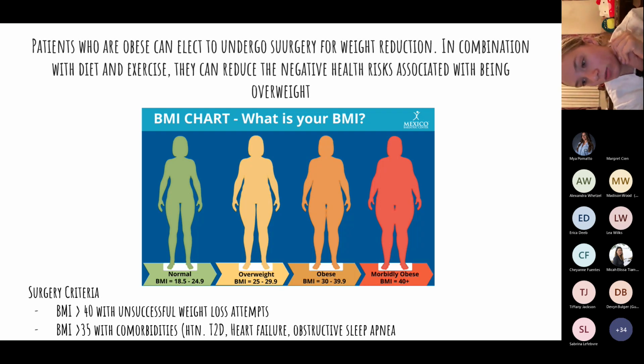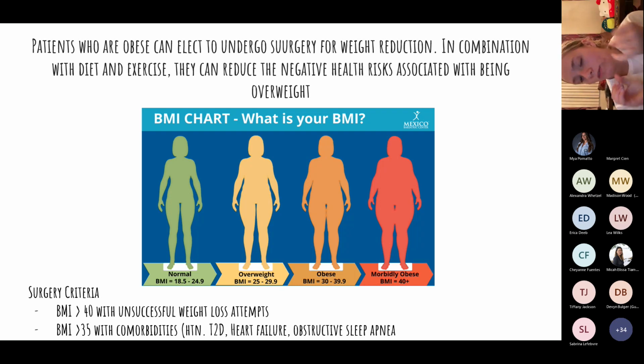Now, I really want you guys to remember there is also exclusion criteria. We've got surgery criteria that says, okay, way to go. Well, we've also got criteria that says absolutely not. So what is our exclusion criteria? Mental health and mental illness. We know that a lot of people tend to use food as a coping mechanism.